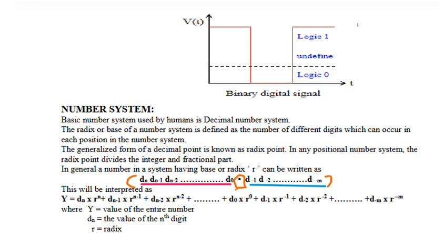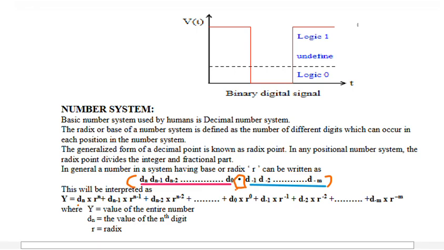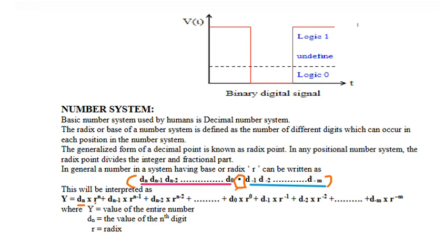Okay, so next, in the expansion, dn is placed at the rn position. So if you see here, dn is placed at rn position. Similarly, dn minus 1 is placed at rn minus 1 position, and so on like that.